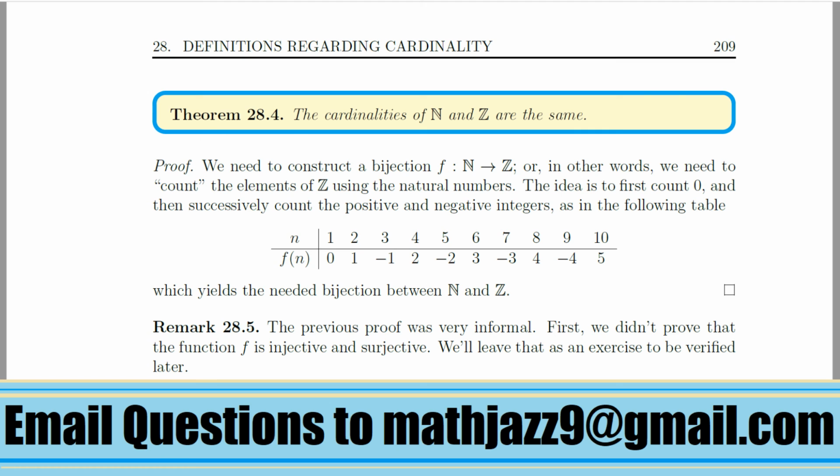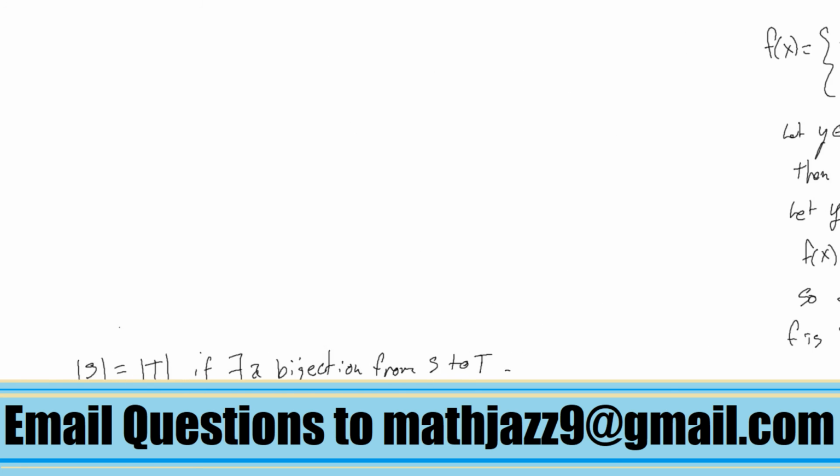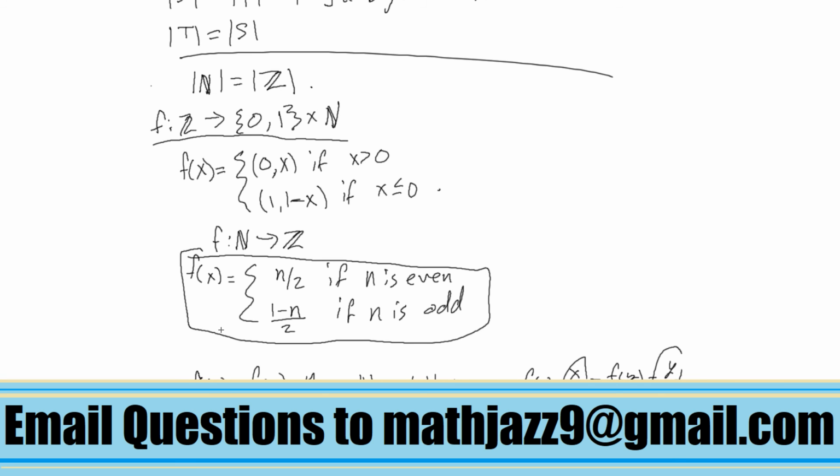We actually did one better than the book's proof, because we actually gave the proof that our function was a bijection, and we gave an equation for it. If you notice, looking at our equation here, if we plug in some values for f, let's do that in another color over here.